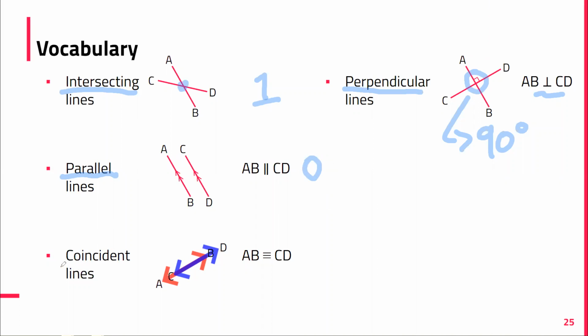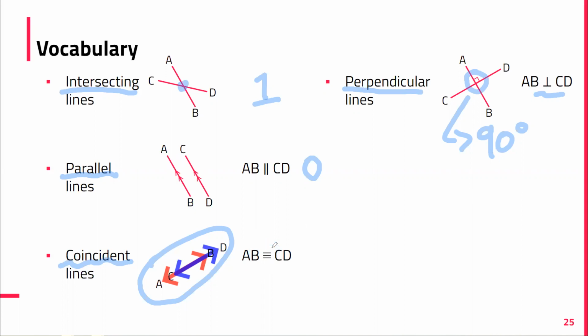And then our final case, other special case, is coincident lines. It's a bit hard to draw a picture of this because they just end up looking like the same thing. But it's 2 lines that are fully overlapping. Maybe the equations of the lines look different with some different numbers, but then when we put them on a graph, they end up looking like the exact same line. So fully overlapping. So we have this symbol for this one.